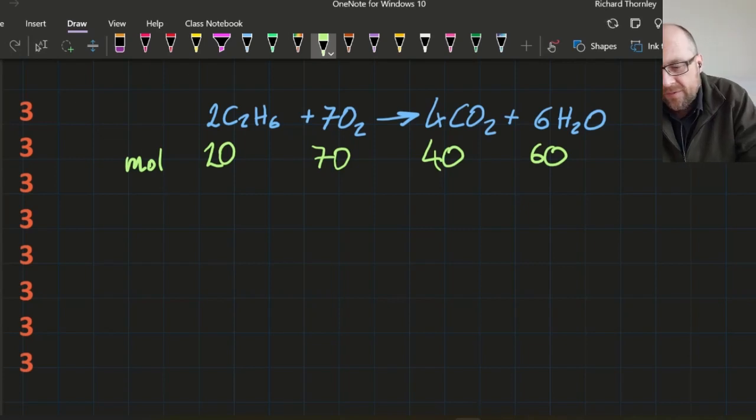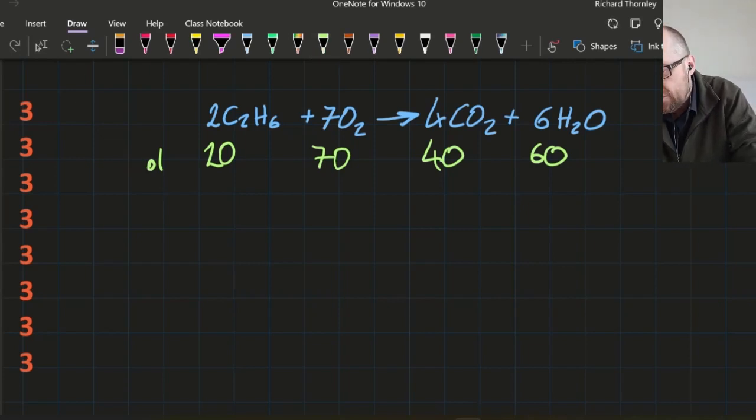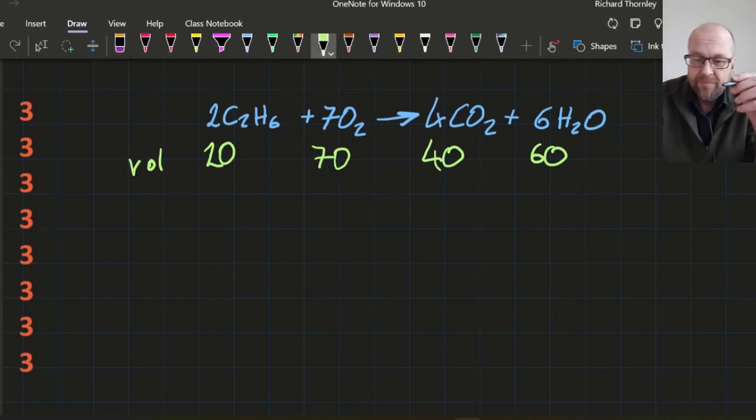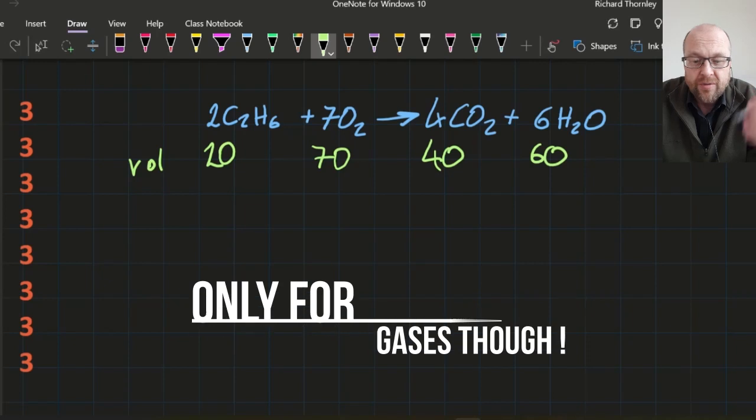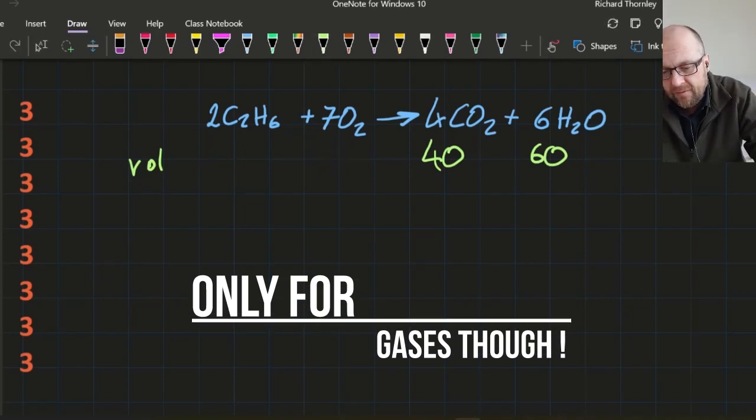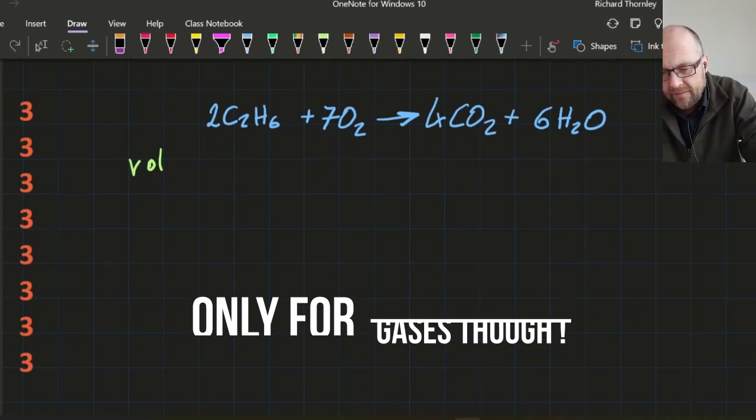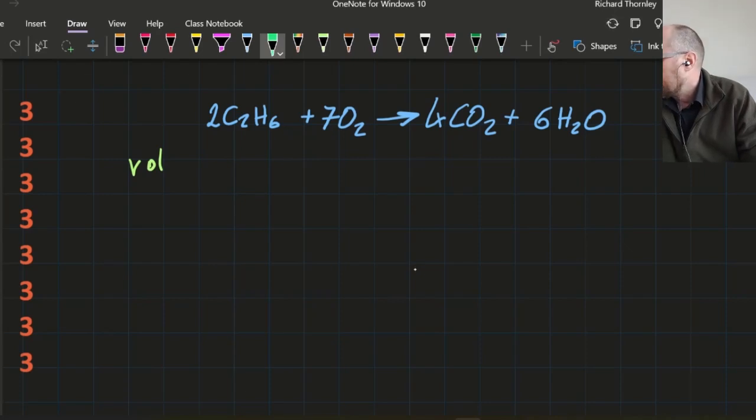Nice. Now, we don't have moles, we have vols, we have volume. And you know what? If the temperature and the pressure is the same, you can still do that jig with the coefficients. So that's where we are. What's the volume of ethane needed? So I need to know this value here. What other numbers do I have?